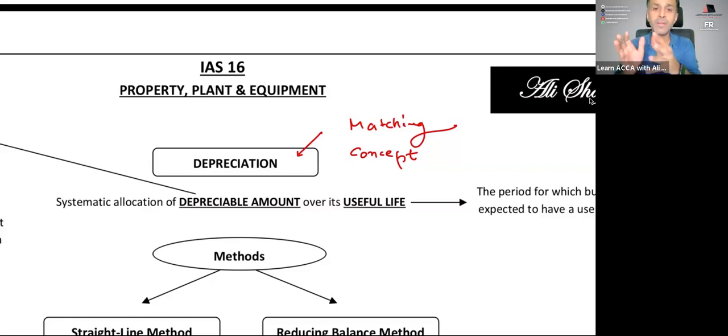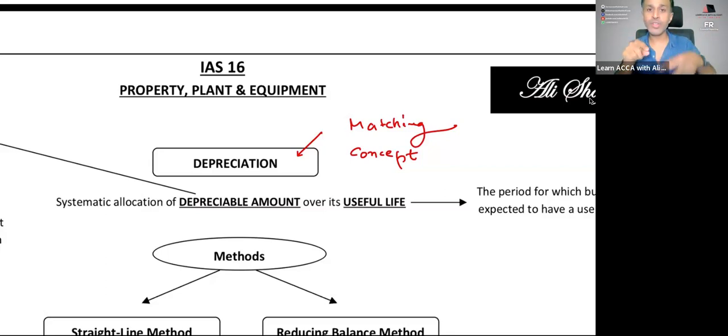They come in a number of years, 5 years, 10 years. And the cost I have incurred today in buying this laptop, how can I match the cost of buying the laptop with all those benefits this laptop will generate in the next 5 years? Because the cost has just been incurred one-off today.